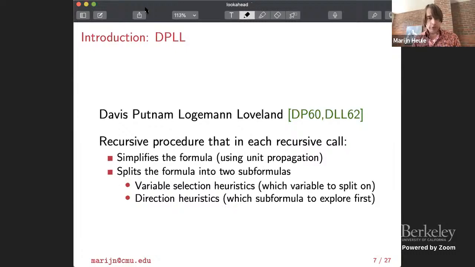There are two important heuristics here. The first one is which variable do we pick at each node in the tree. And the second one is which of the two branches are we going to explore first? If the formula is satisfiable and you pick the right one, you would just walk straight to a solution.